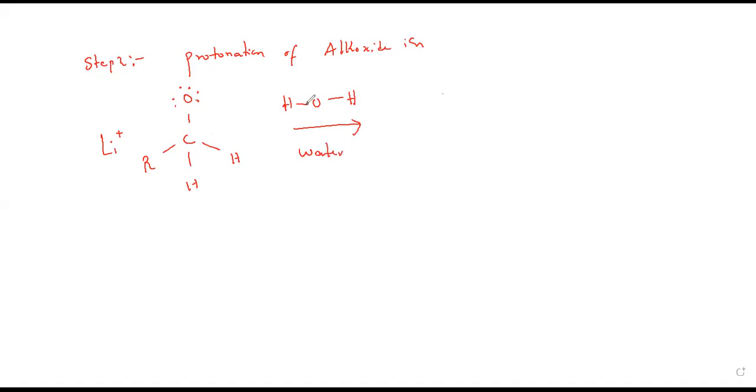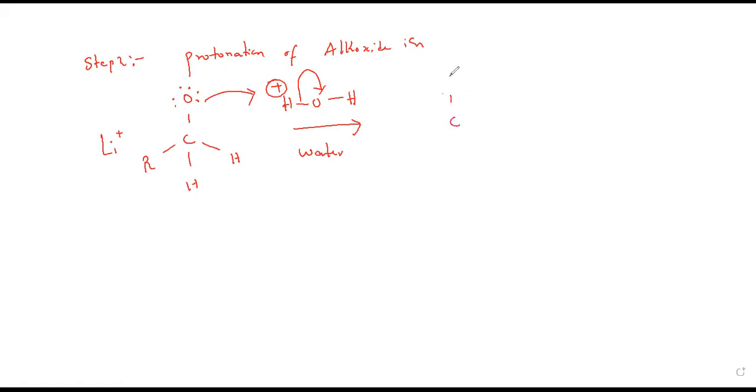If you compare the electronegativity between oxygen and hydrogen, oxygen has more electronegativity. So the electrons will be migrated towards oxygen, making hydrogen electron deficient. As oxygen has one extra lone pair of electrons, it will donate it to this hydrogen atom to form OH.